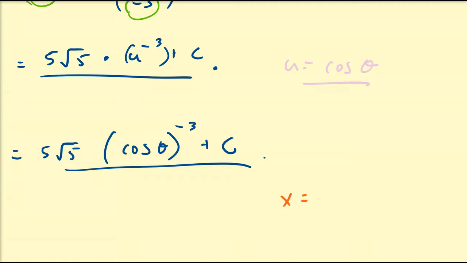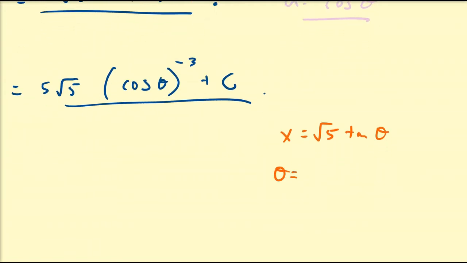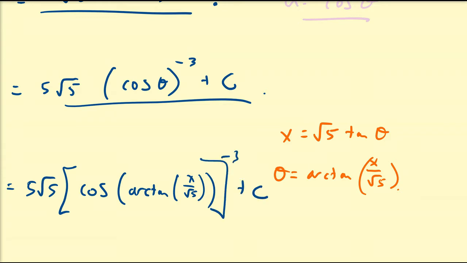So remember, we let x be equal to the square root of 5 times the tangent of theta. So if that is true, then that means theta must be equal to the arctangent of x divided by the square root of 5. So if that is the case, then that means I can rewrite this as 5 square root of 5 times the cosine of theta, and theta is equal to the arctangent of x divided by the square root of 5, all raised to the minus 3 plus c.